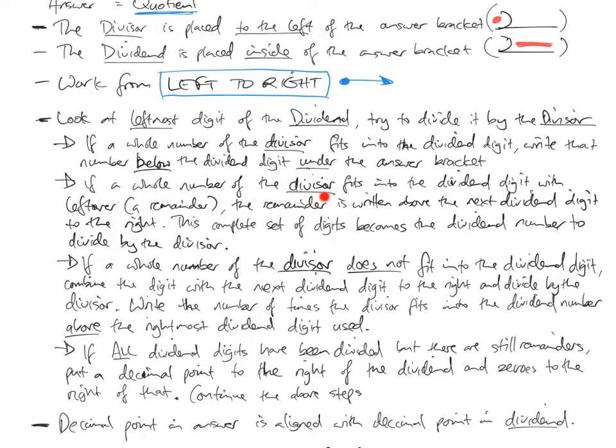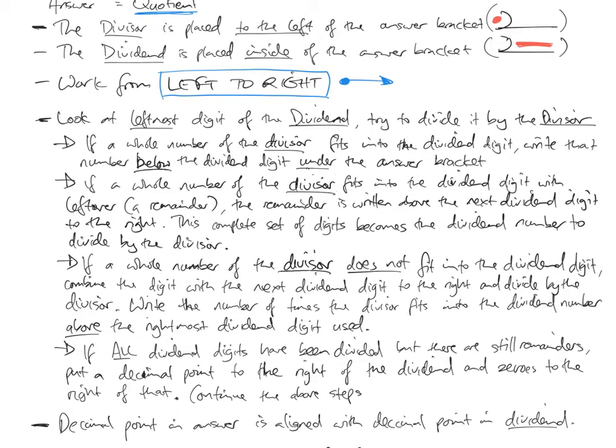If a whole number of the divisor fits into the dividend digit, so it's the same as before, but there's a leftover, which we call the remainder, you write the remainder above the next dividend digit to the right. So let's say the first dividend digit was 5, and you were trying to divide it by 2.